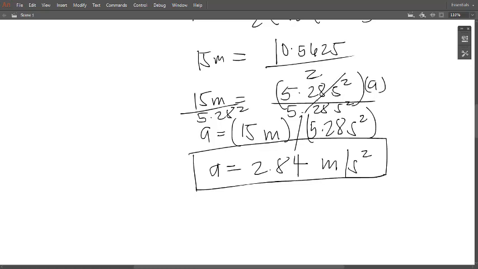If we use this, we must get a unit of meters per second squared, meters over seconds squared. So I think that explains how we got 2.84 meters per second squared.